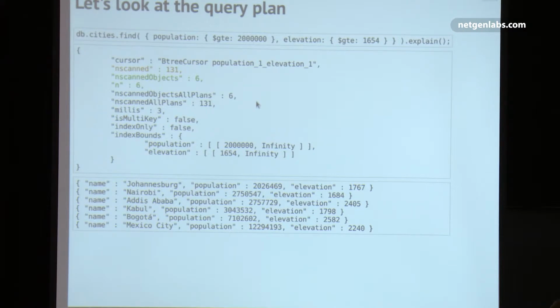Because this is the first part of your key, meaning that finding all the cities over 2 million is simple because it can just jump to that position in the index. But for the second one, the elevation, it needs to check all cities that are over 2 million individually, whether it is over a mile high.